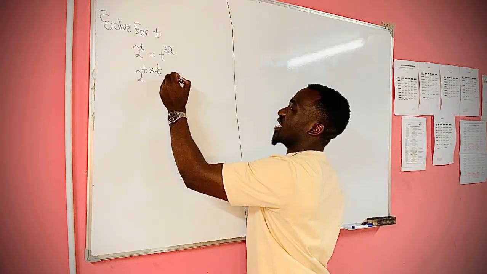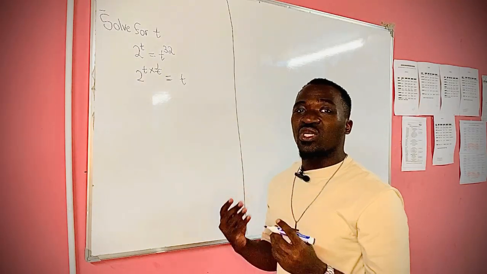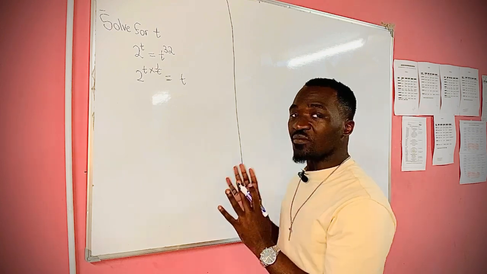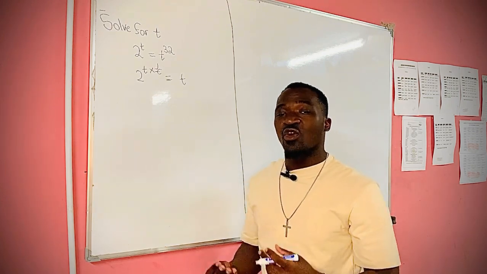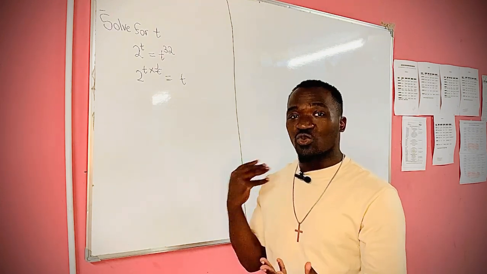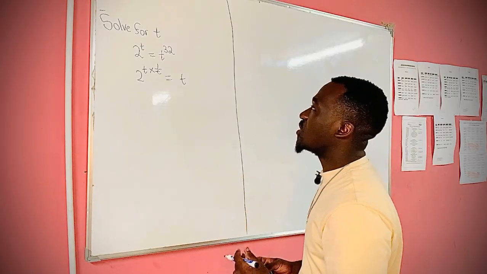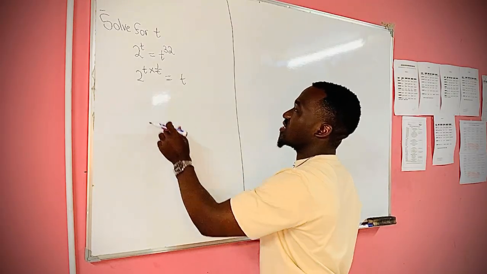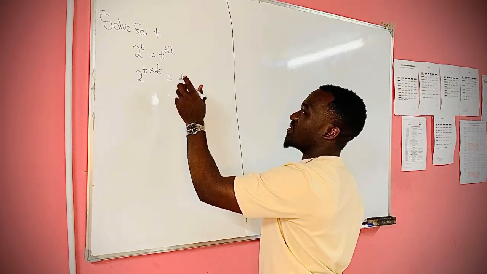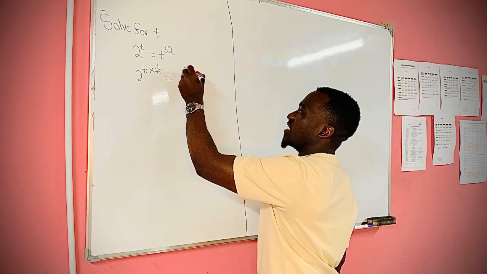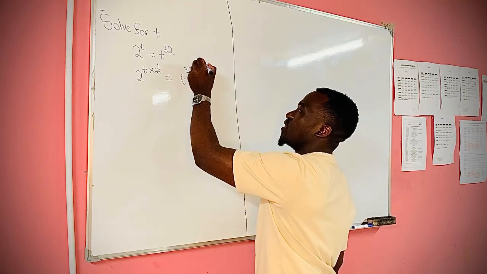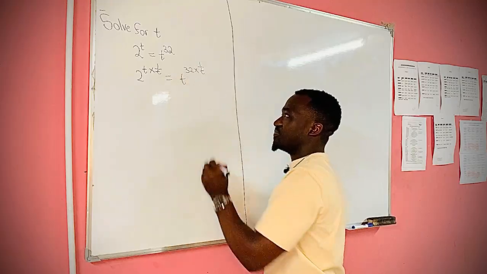But now look at this side. Remember, when we're dealing with equations in mathematics, whatever you do on the left hand side, you must also do on the right hand side. So this is what we did on this side. We must do the very same thing here. But here we have 32. We need to multiply that 32 with 1 over t.